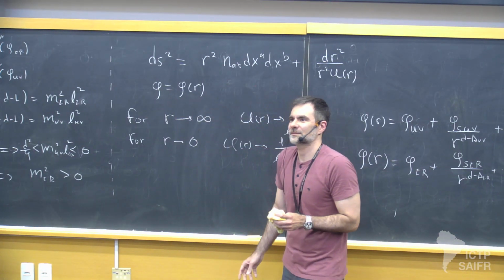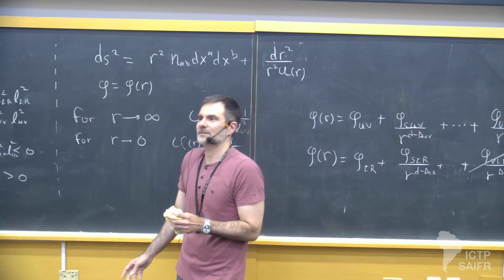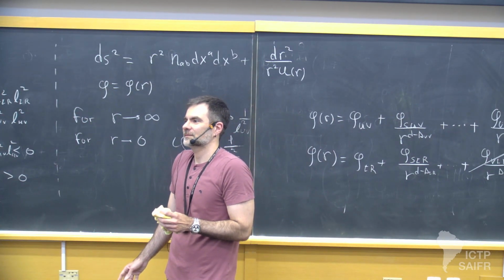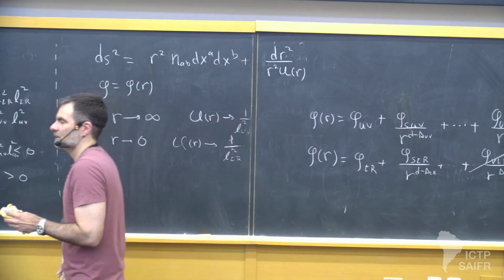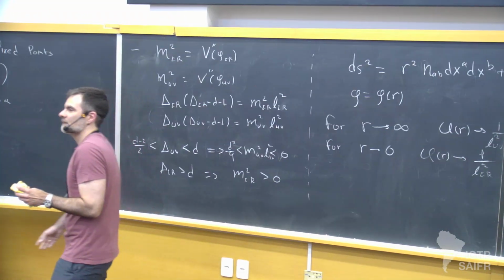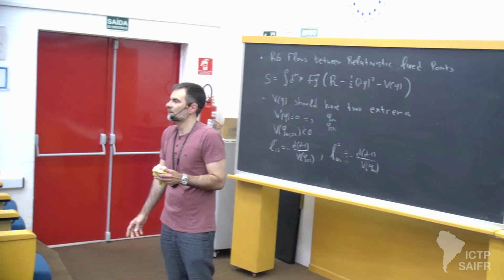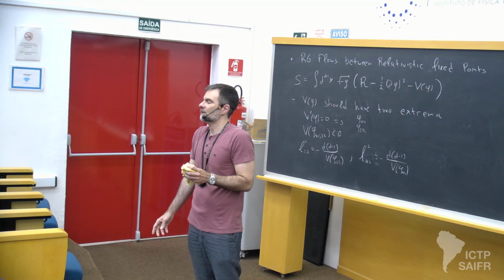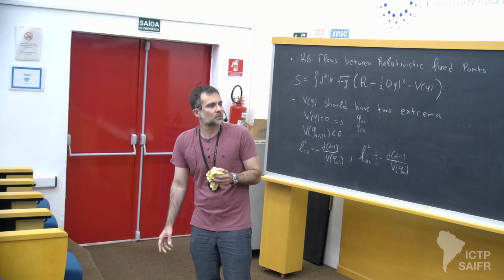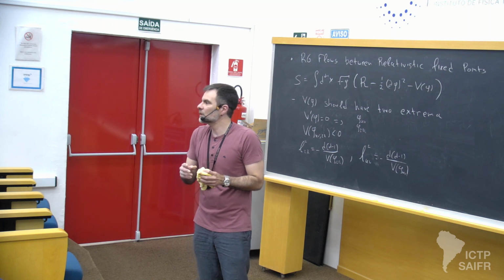Any more questions? The expansion in the IR doesn't seem to be very controlled because it seems like it should be a very good large R expansion, but not a good small R expansion. What do you mean it's not under control?